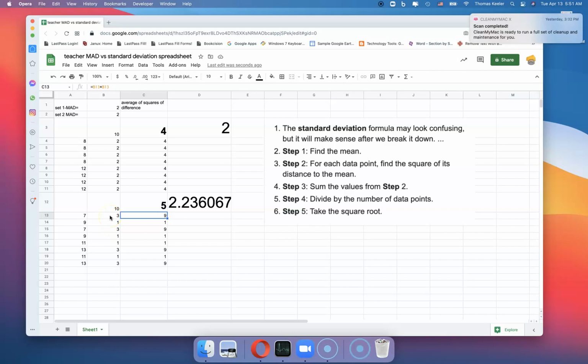But here we say, I want the ones that are further apart to count more. So I square it, take the average, and take the square root. That's the difference. We'll be working on it some more in distributions, but this is enough for you on the release test to know what to do. On that one, it's a very similar example where you're going to get a different result, because if you have differences, the ones that are further away get accentuated.